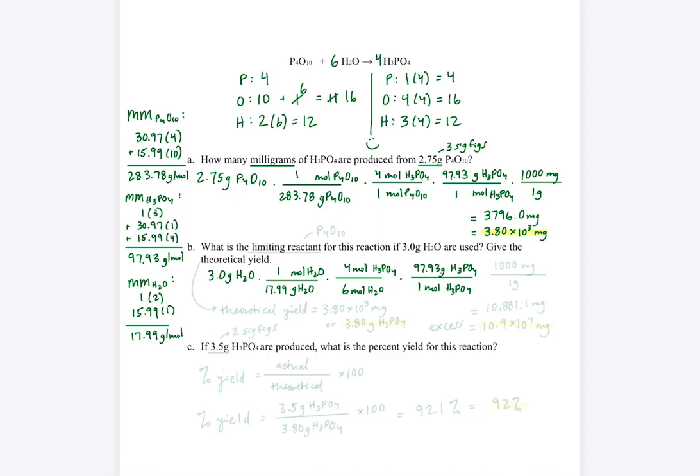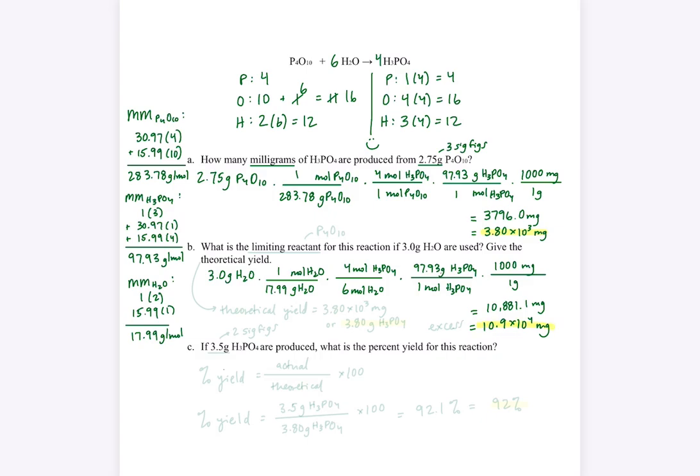And for the sake of comparison, let's convert also to milligrams like we did above. So in every 1 gram, we have 1,000 milligrams. And this calculates out to give us 10,881.1 milligrams. And to get us to our correct number of significant figures, that puts us at 10.9 times 10 to the 4th milligrams. So that's our final answer for that yield.